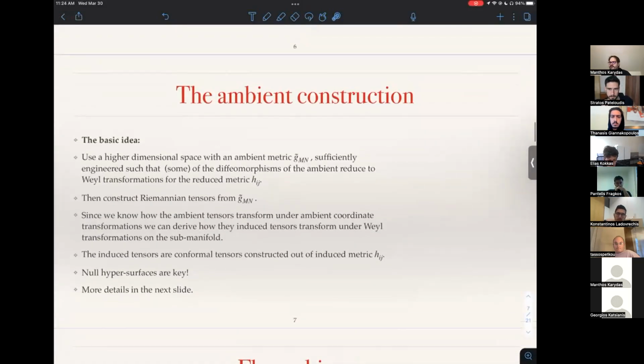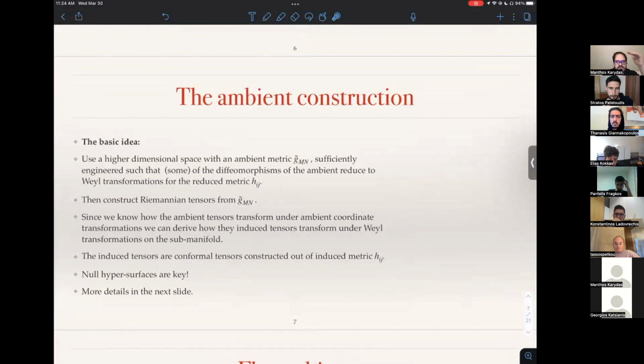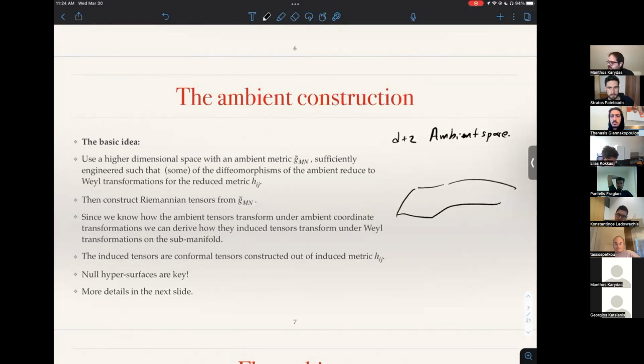So what is the ambient construction? In this slide, I'm going to give a schematic basic idea, and then I'll dive into more details. My goal, at least in this slide, is to give you the general idea. So we have the ambient space, a D+2 dimensional space, and we will have some hypersurface.